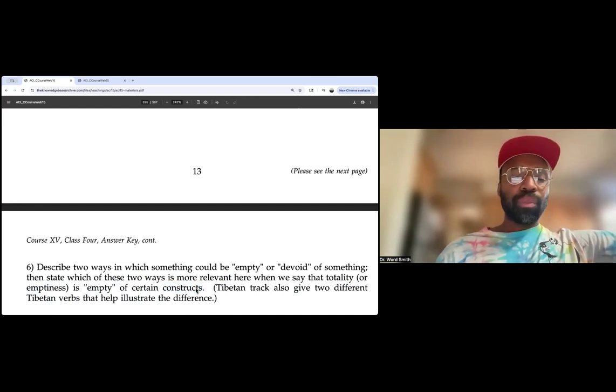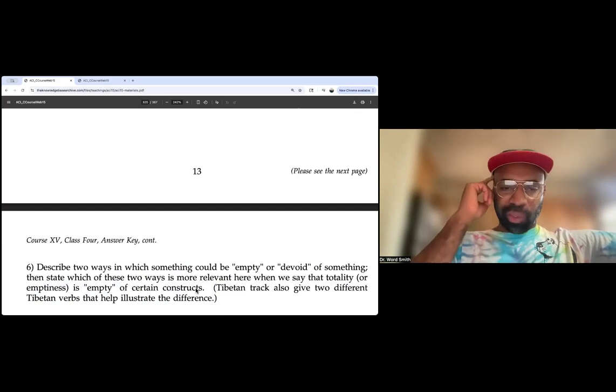Okay. Describe two ways in which something could be empty or devoid of something. State which of these two ways is more relevant here. We say that totality is empty of certain constructs. I think they're talking about imagined things or constructs that don't exist at all, and ones that are labels.